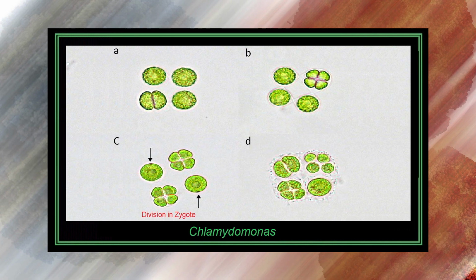The macrogametes are formed in the female gametangium, in which the protoplast divides to make 2 to 4 gametes only. The microgametes are formed in the male gametangium, where the protoplast divides to make 8 to 16 gametes.